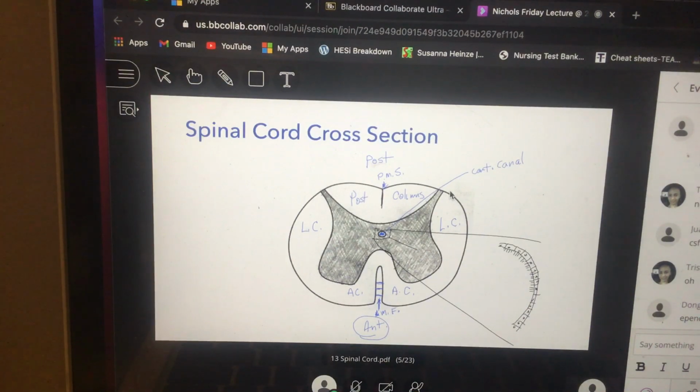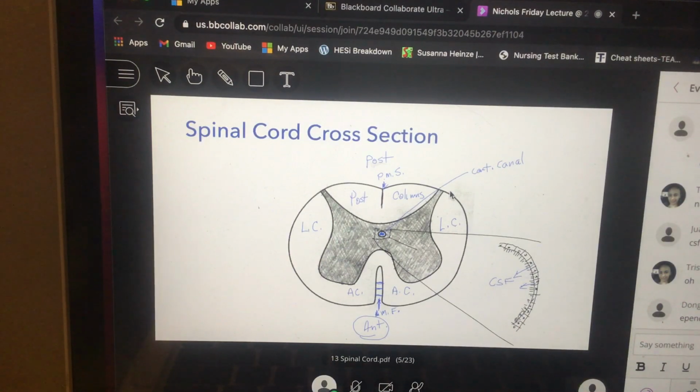The whole central canal is lined by these simple cuboidal, sometimes they might look a little simple columnar cells. You'll see this in lab. And they secrete the CSF that flows through the central canal. They make and secrete that CSF in that canal. Anyway, that was fun. I enjoyed that. Okay.